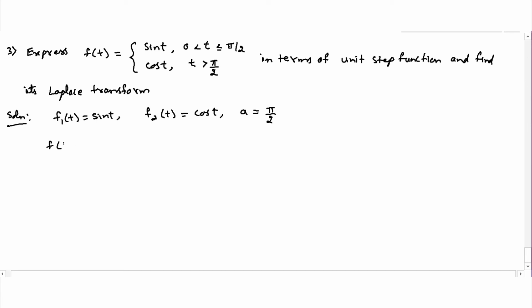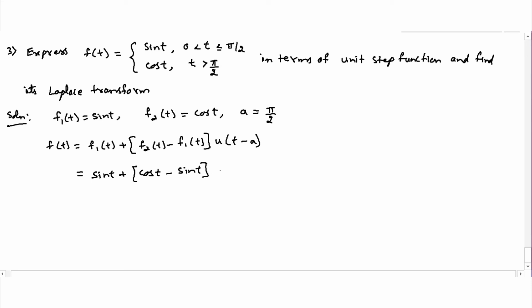So if you write down the formula, we have f of t equals f1 of t plus f2 of t minus f1 of t times u of t minus a. Just plug in the values. f1 of t is sin of t, f2 of t is cos of t minus f1 of t is sin of t into u of t minus a, where the value is pi by 2.